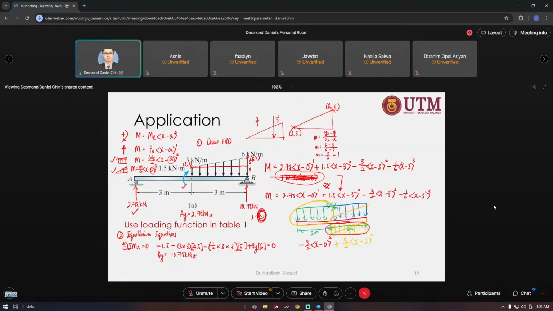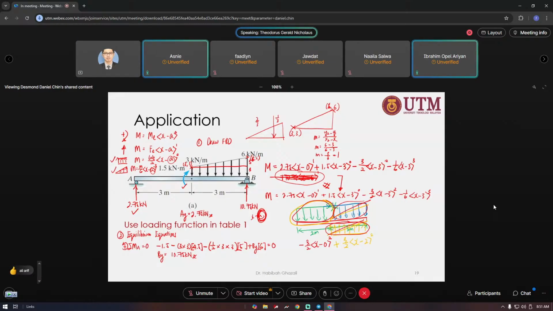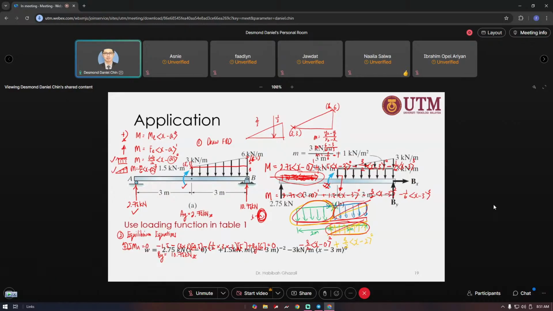If you apply the offset loading, then you can cancel this part, so the only part left is this part. This is another very important concept for Macaulay's method. Any question before I proceed? The rest, any question? No, doctor. Okay, so I shall continue with our next example.